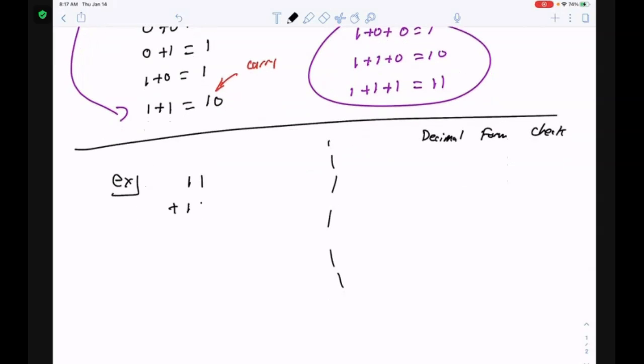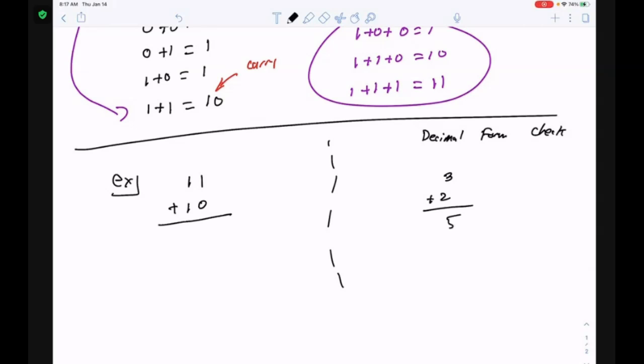Now, this is the same thing as 3 plus 2. What is 3 plus 2 in decimal form? I know, very obvious. I just want to have you participate along with me. 5.